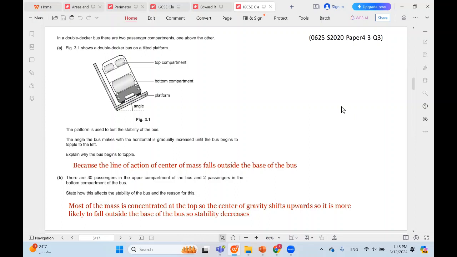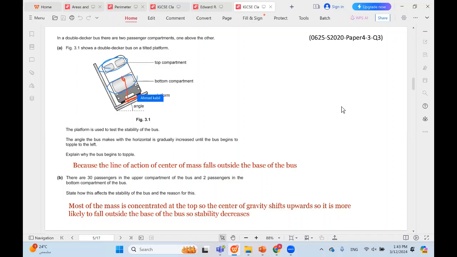There are 30 passengers in the upper compartment of the bus and 2 passengers in the bottom compartment. State how this affects the stability of the bus and the reason for this. So again, our target, so as not to topple, is for the center of mass to be within the two wheels, within the base of the bus. Now, what happens if we concentrate so many passengers in this compartment and not enough in the bottom compartment?